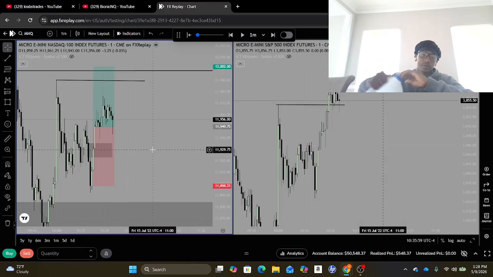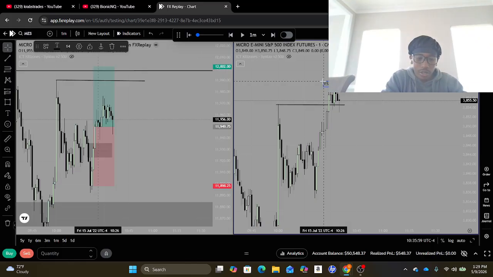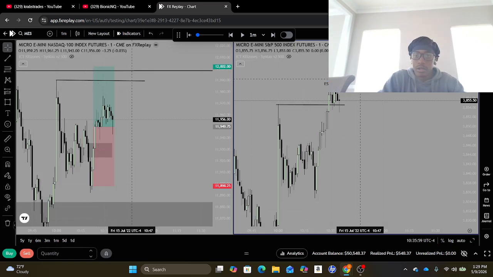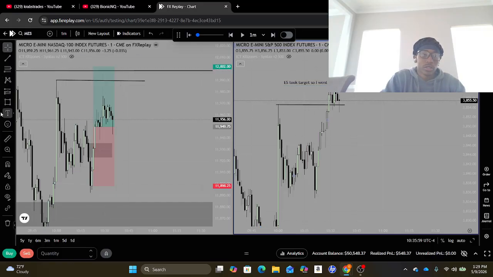If one index takes it, then the other index follows. ES took the target that I was gonna go break even at, so I went break even.